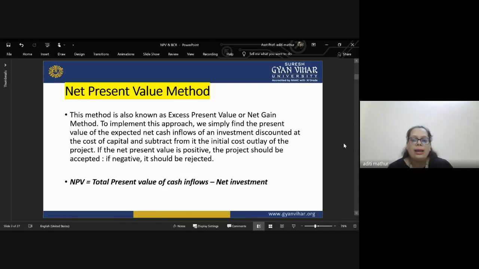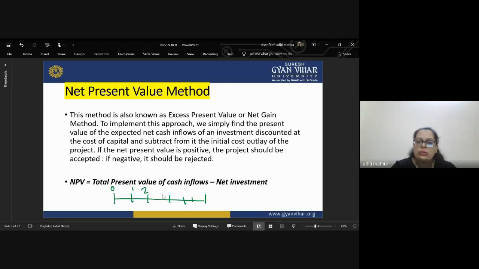So our formula is NPV equals total present value of cash inflows minus net investment, or total present value of initial investment. So what this method says is that you are going to invest today, that is at zeroth year, and you will be getting returns in future, right?